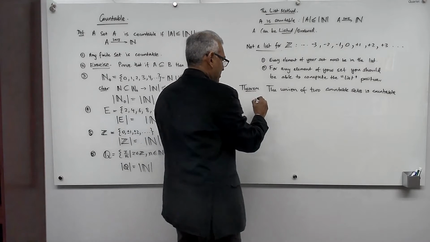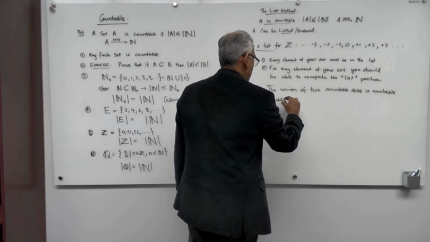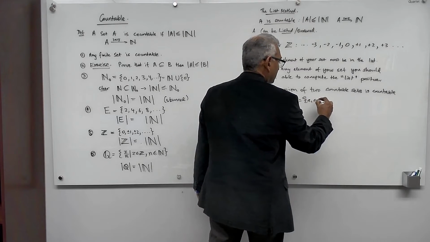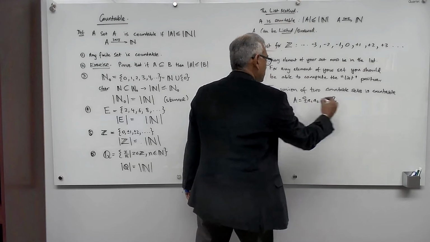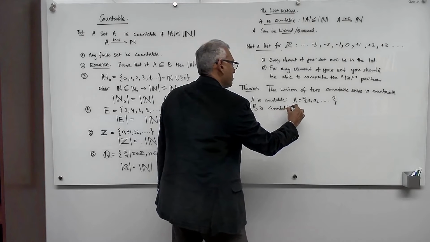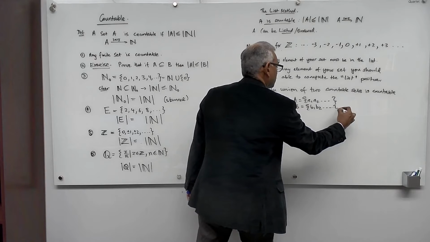So, if A is countable, this means that A can be listed: A1, A2, and so on. And B is countable, so B is a list: B1, B2, and so on.